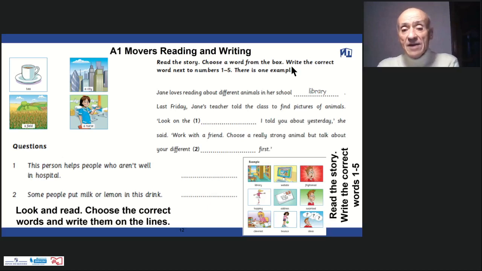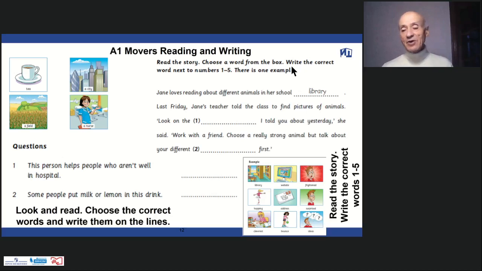Jane loves reading about different animals in her school library. Last Friday, Jane's teacher told the class to find pictures of animals. Look on the website I told you about yesterday, she said. Work with a friend. Choose a really strong animal, but talk about your different what.